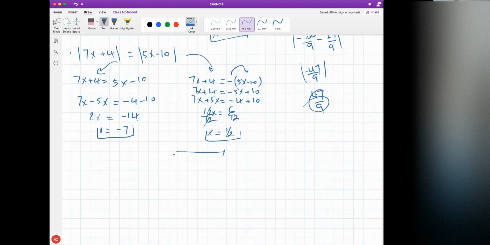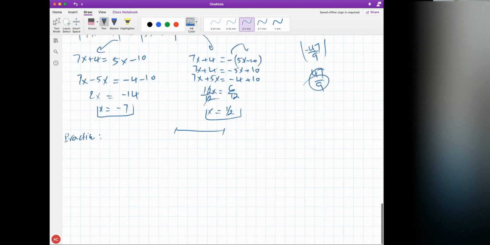Okay, so solve for x. So that's what the question normally says when you have this sort of equation. Solve for x. 4x, 2x plus 6, and maybe some number here.